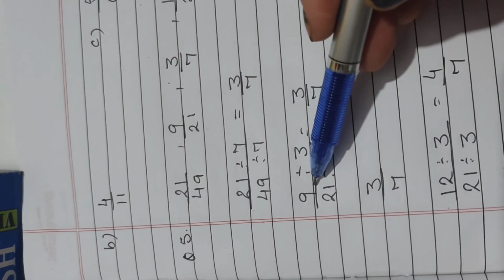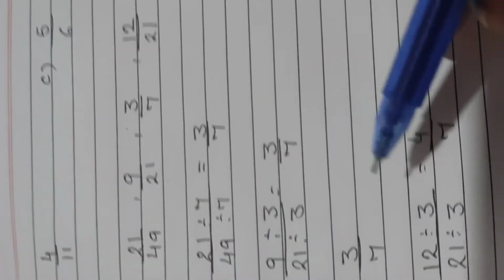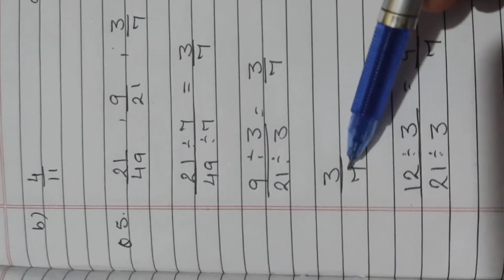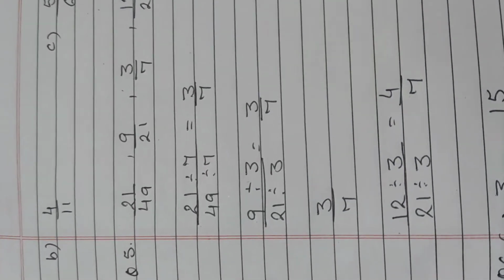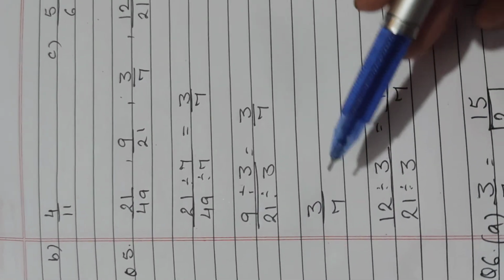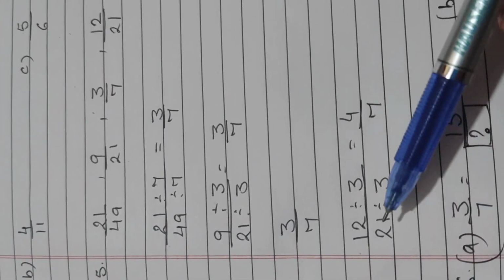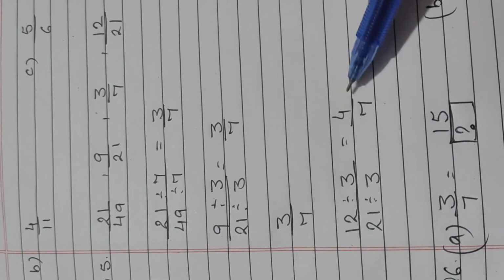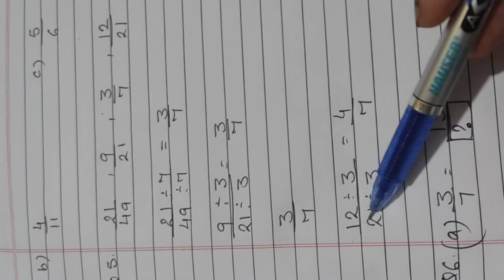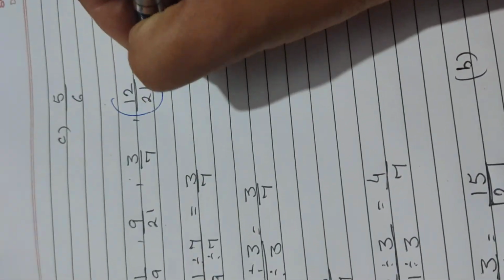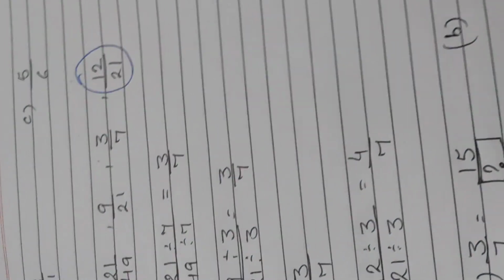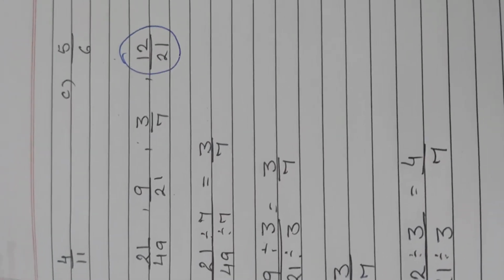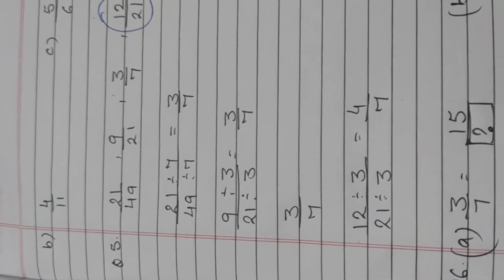Then I reduce 9/21 by 3, because both come in the table of 3. So I got 3/7. Now 3/7 is as it is, it doesn't need to be reduced, it is already reduced. Then 12/21, both come in the table of 3. So I divided this by 3, I got 4/7. So that means what, your 12/21, you have to circle it. This is not your equivalent fraction. This fraction is not equal to the other fractions. Got it? So you can do the second part yourself, B part.